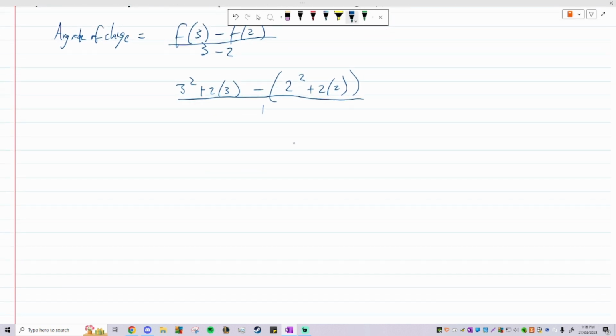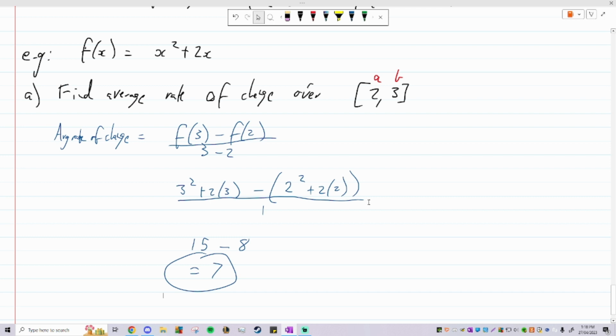So we got 9 plus 6, so 15, minus 4 plus 4 is 8, and that works out to being 7. So the average rate of change over 2 to 3 is 7.